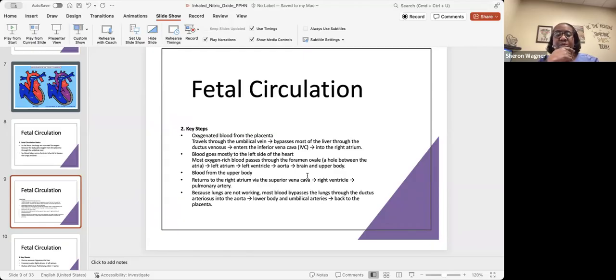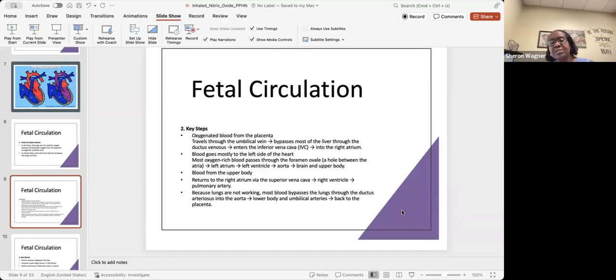And blood from the upper body returns to the right atrium via the SVC, the right ventricle, and the pulmonary arteries. Because the lungs are not working properly, sorry, the baby is not using the lungs primarily for this reason in utero.